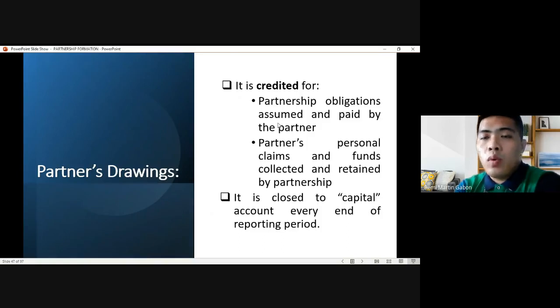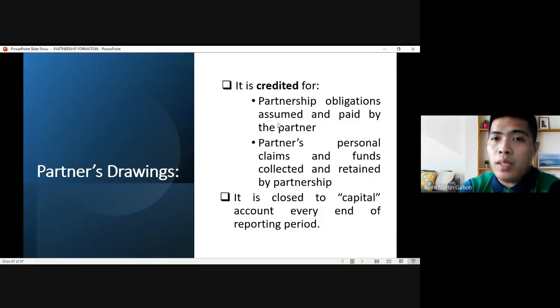So if a partner collected something related to funds or claims of the partnership, the drawings account is debited. But if the partnership obligation is being paid by a specific partner, then we have to credit the partner's drawing. Then for personal funds or personal claims of the partner collected by the partnership, we credit the partner's drawing.